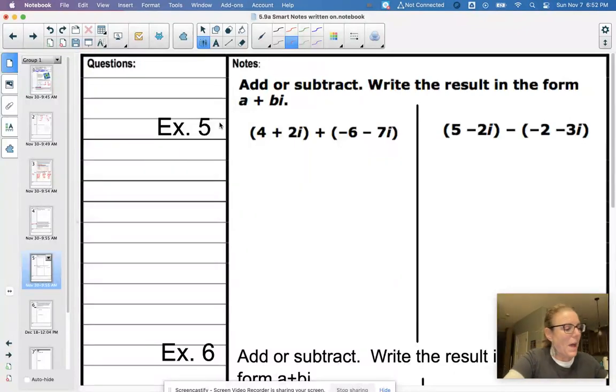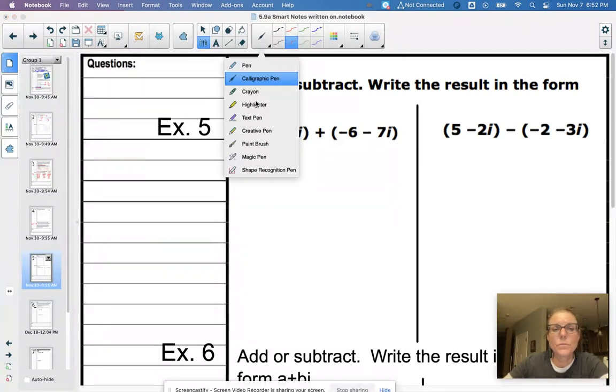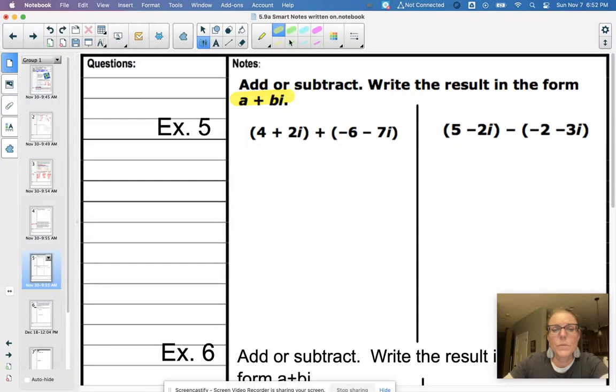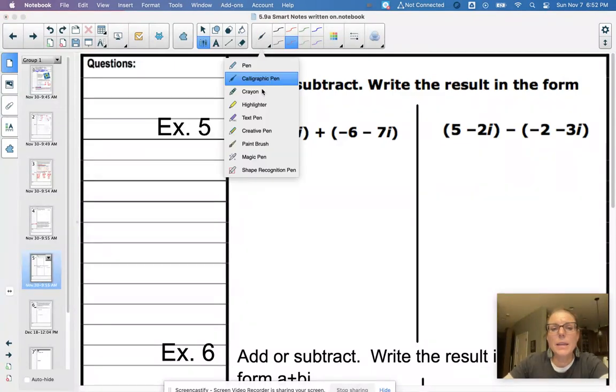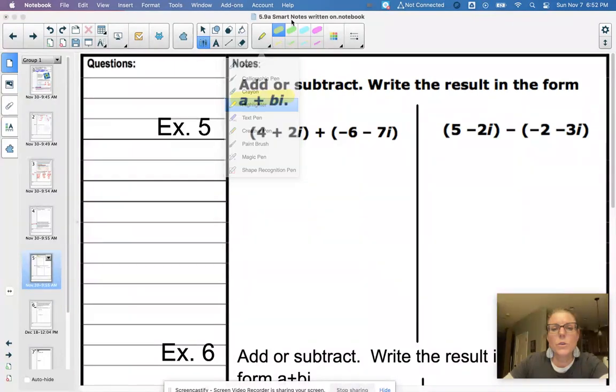So in example 5, we're going to add or subtract, write the result in the form a plus bi. Okay. So right now I'm going to highlight. Here's the real parts.